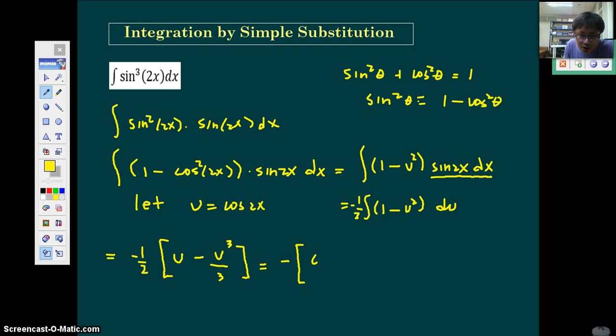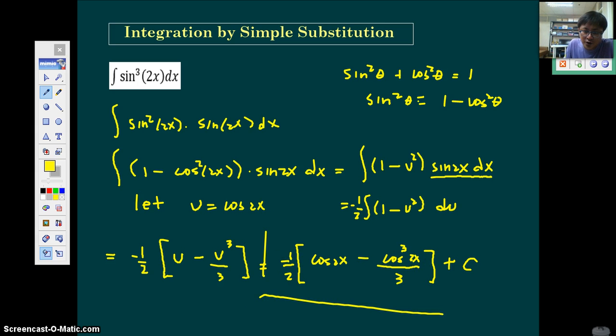So therefore this would be cosine 2x minus cosine cube 2x all over 3. And then you can distribute the negative sign. Sorry, this is negative 1/2 outside. You can distribute this or leave it as is. I'll accept it. So this would be plus c at the end, and this would be your integral.